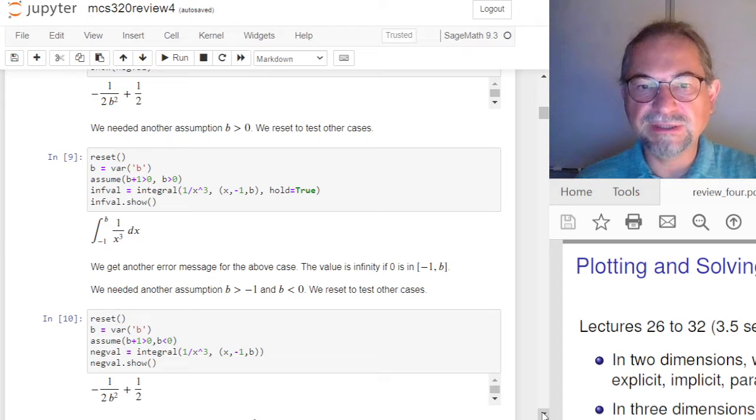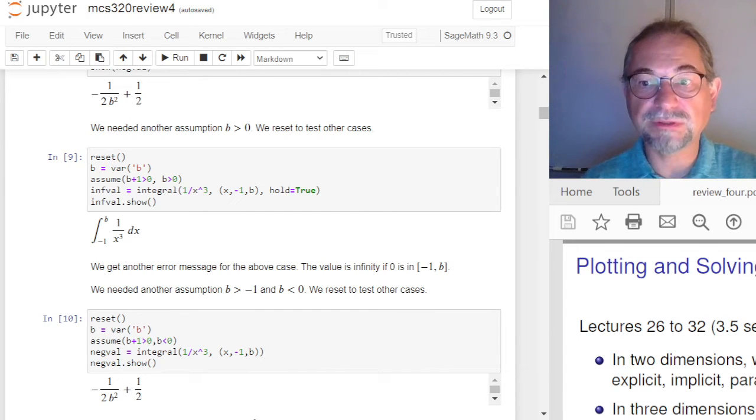Then you have the value where the b is less than 0, and then you have again the same expression as we had before. So you see that here we see two cases that are distinct. So the case where b is less than -1, and the case where b is larger than -1 but less than 0, that they give the same formula.